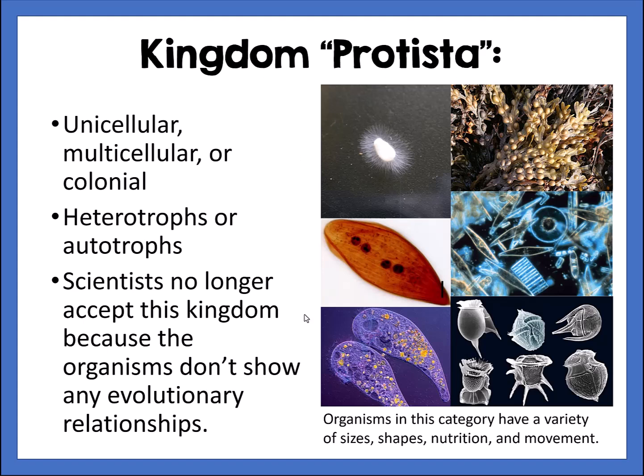But for now, organisms in this category have a variety of sizes, shapes, nutrition, and movement. So we've got very large algae in this category. We have microscopic organisms in this category. We have heterotrophic organisms. We have organisms that are able to move, are unable to move. And so really a great variety within this kingdom.